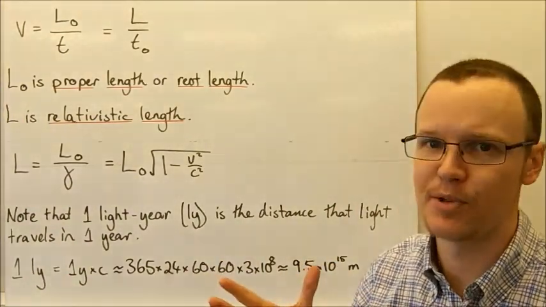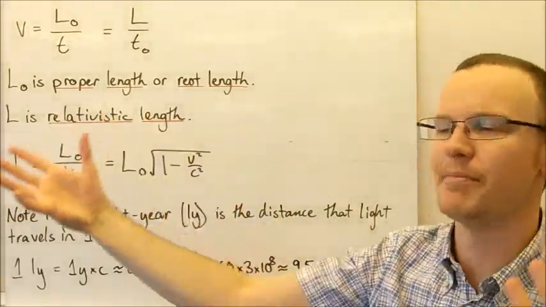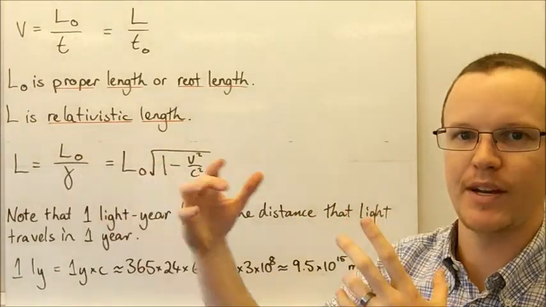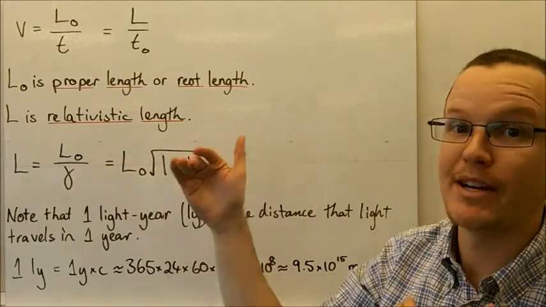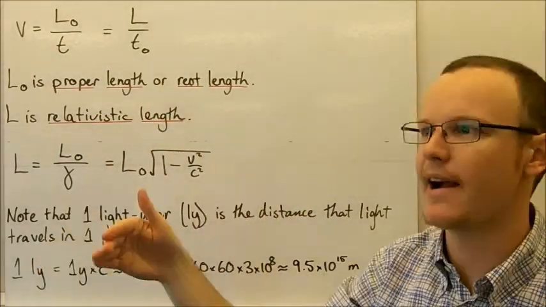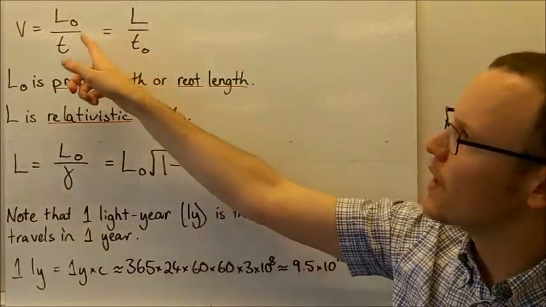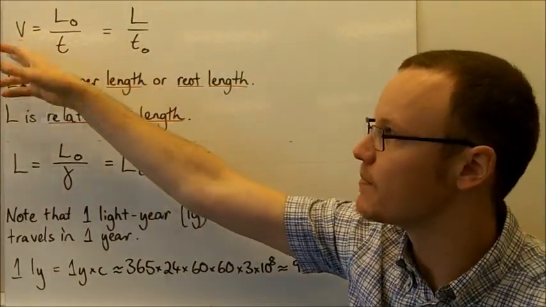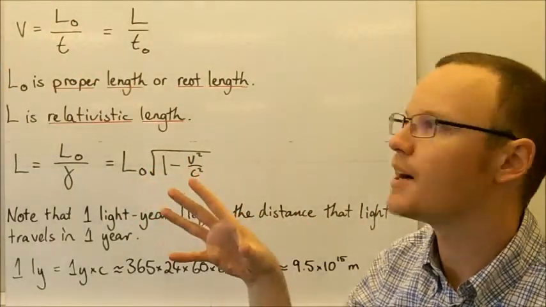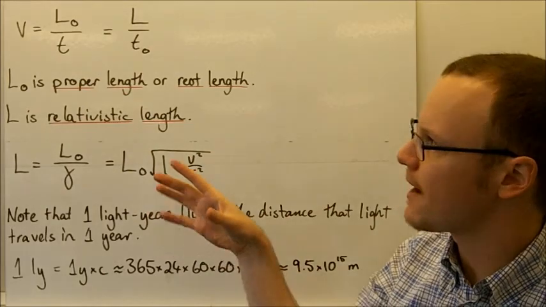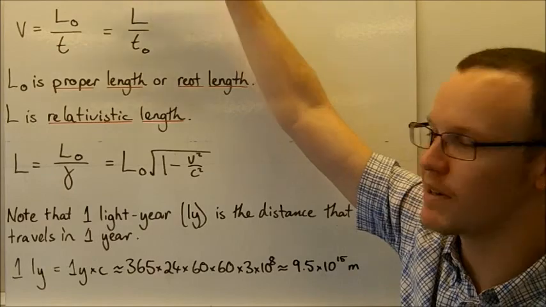If it's the distance between Earth and the star Rigel, or Betelgeuse, or Antares, whatever, the length that we're measuring is the rest length. That length is at rest compared to us. And the velocity that we measure a craft travelling at is the same velocity that craft measures its velocity at. But the length that's involved here is going to be a relativistic length.